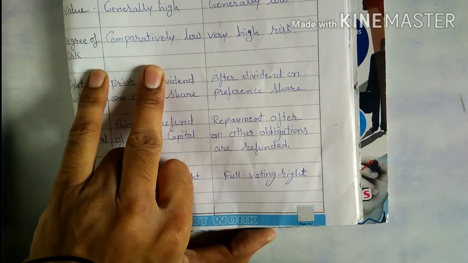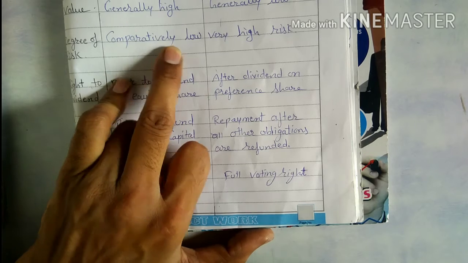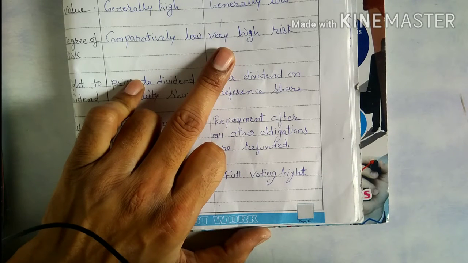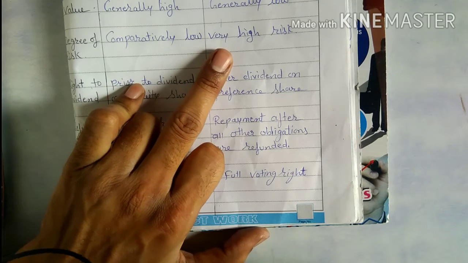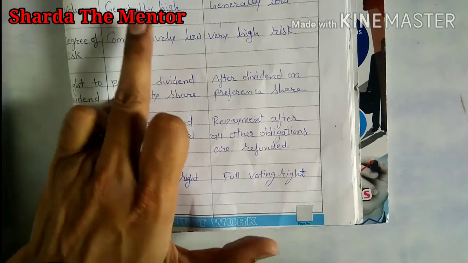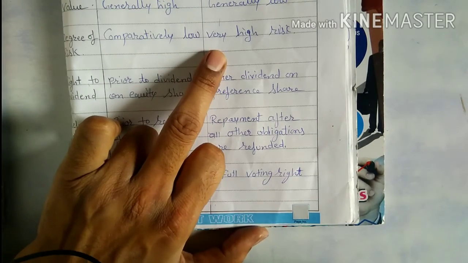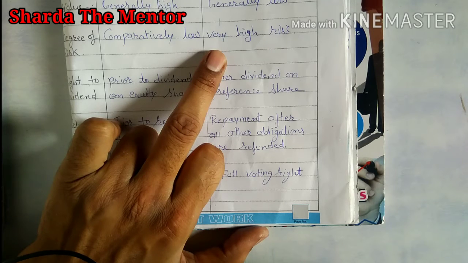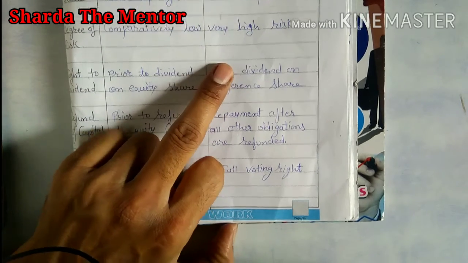Degree of risk: the degree of risk is lower in the case of preference shares, but equity shares involve high risk, as we already know that in case of winding up of the company, preference shareholders will get their money back first, and after that if any amount remains, then equity shareholders will get their investment back. So that's why preference shareholders have comparatively low risk and equity shares have high risk.